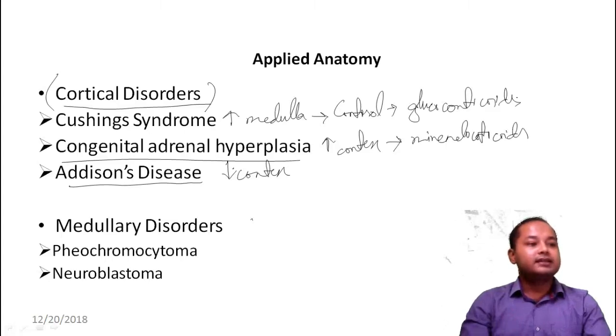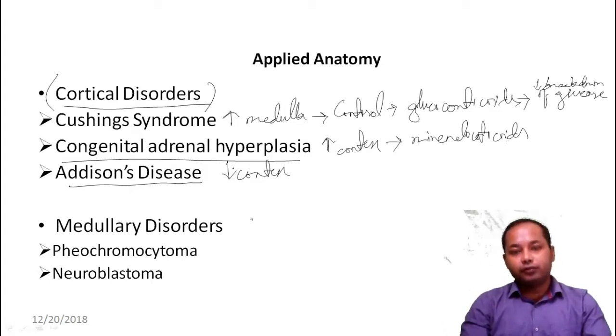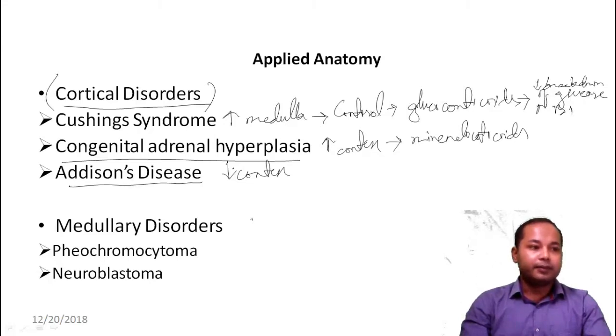In this case, since it is an anti-insulin kind of secretion, there will be decreased breakdown of glucose, and since the glucose is not broken down, most of it will be converted into fat, and so this person will be fatty. This person will be totally unhealthy because it is increasing the total amount of fat, and that will also lead to an increase in the BP of this person.